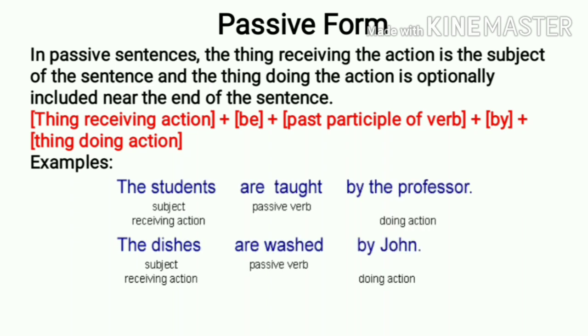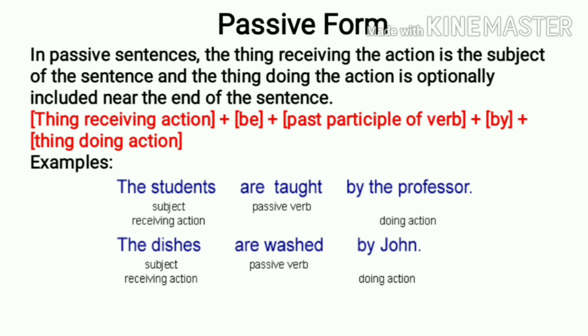The students are taught by the professor. Now in passive voice, who are taught? Students. The action of teaching is received by the students and the students became the subject here. Are taught is a passive verb, by the professor.